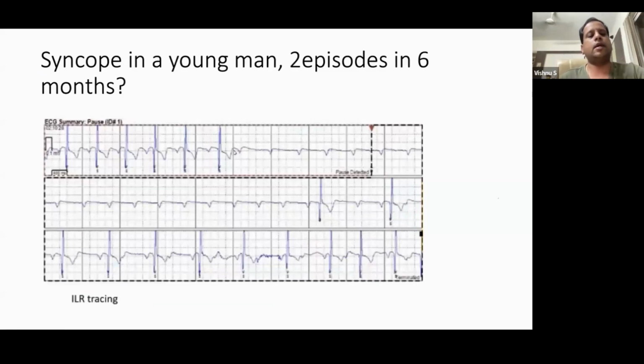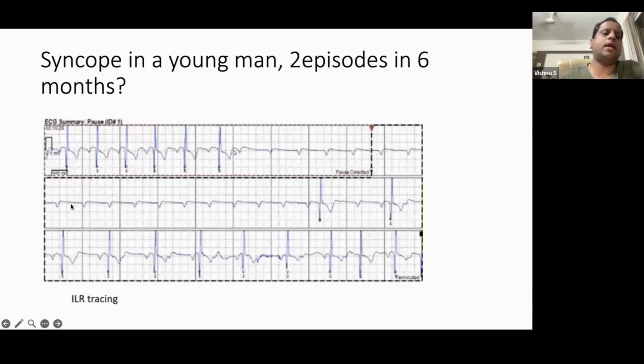There are some patients we see who have only one or two episodes of syncope yearly. That is the most difficult thing to diagnose, to find the cause. If it is arrhythmic syncope, we put an implantable loop recorder over the chest so that it records ECG tracings for up to three months. Then we explant it and analyze it.